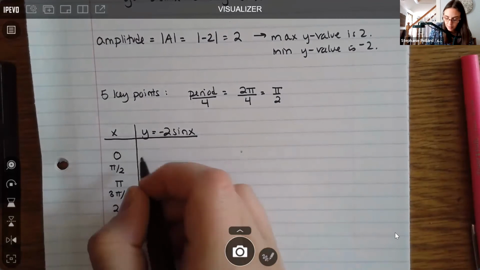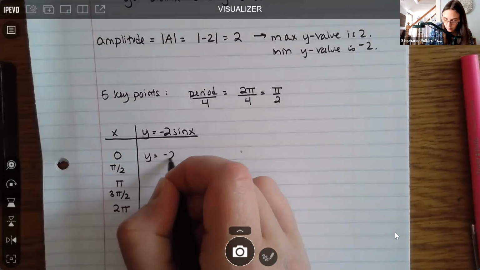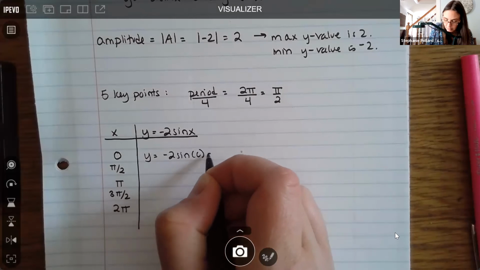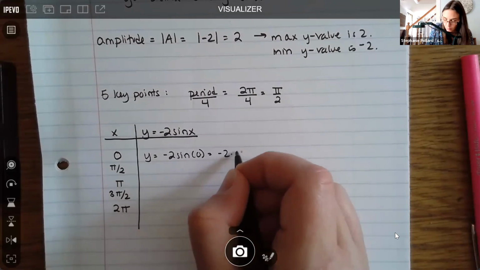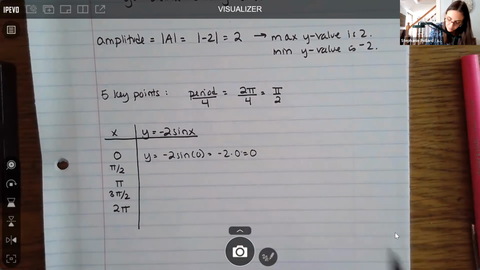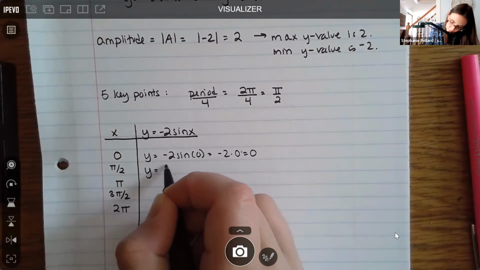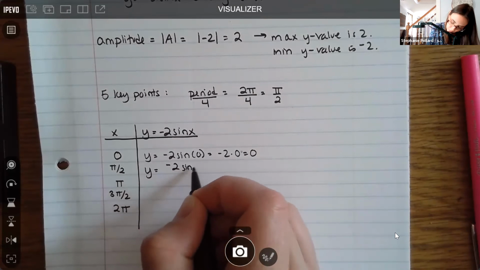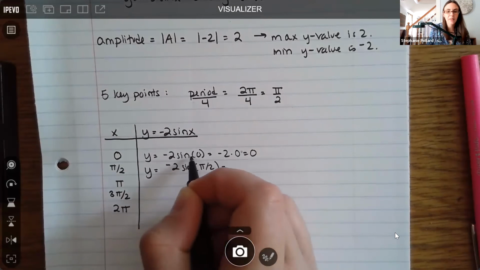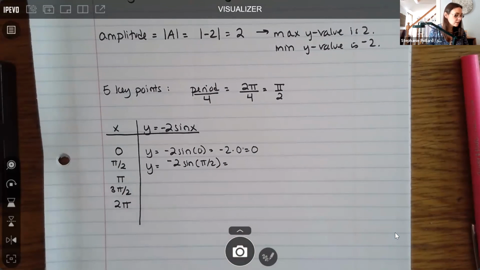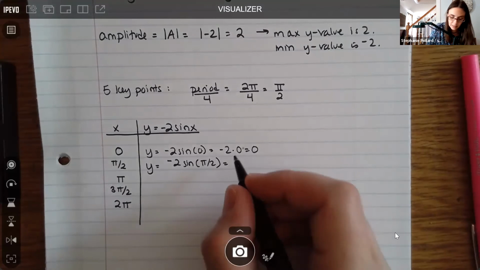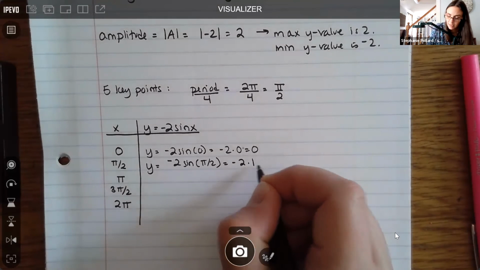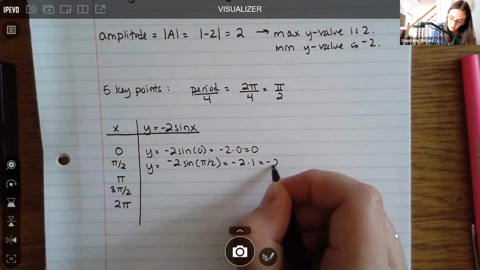So now I'm going to go ahead and plug in those values. Sine of 0 is 0, so this first part just stays 0. You don't really need parentheses around the 0 or pi over 2. Sometimes I just like it. It just helps me read it a little bit clearer. Sine of pi over 2 is 1, so this becomes -2.